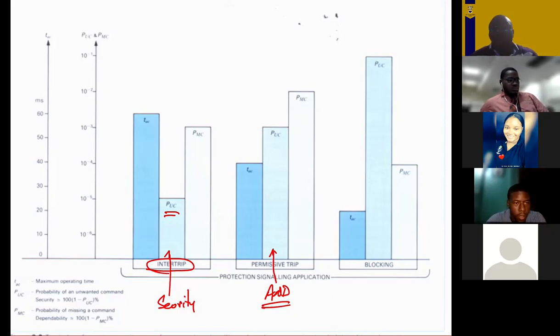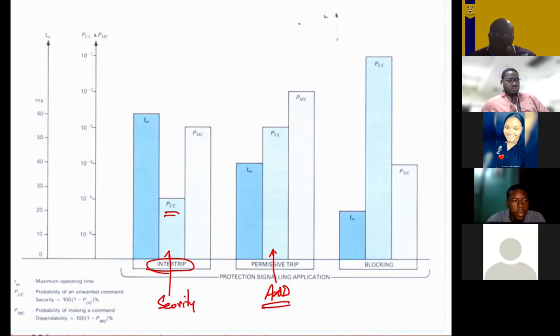With the blocking scheme, if you send a signal that is unwanted, it will not impact anything, because it will not cause the blocking scheme to operate. Because the receipt of a signal by the blocking scheme is to prevent it from operating. Are you with me?